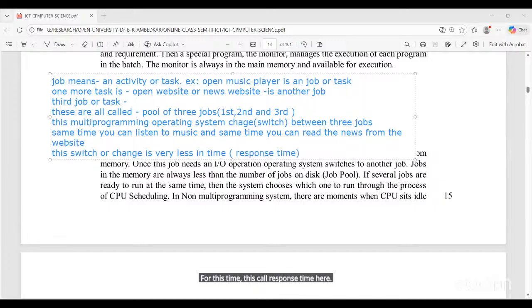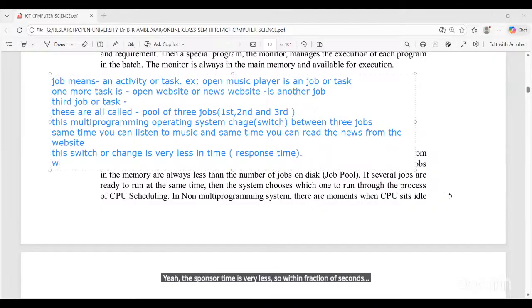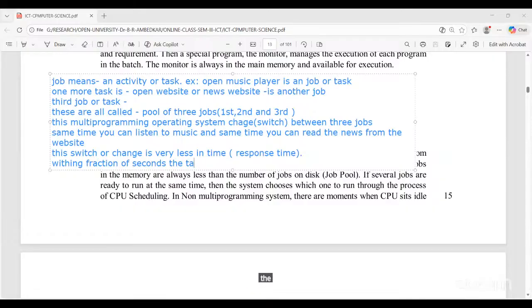Response time is very small, so within a fraction of seconds the task or work can be completed.